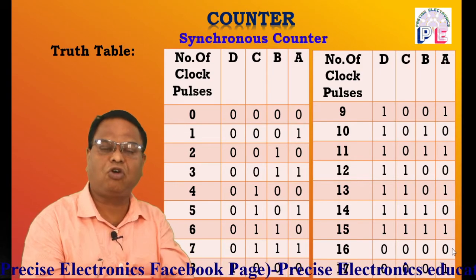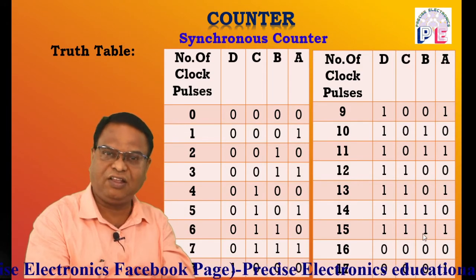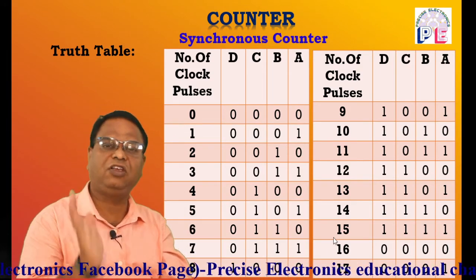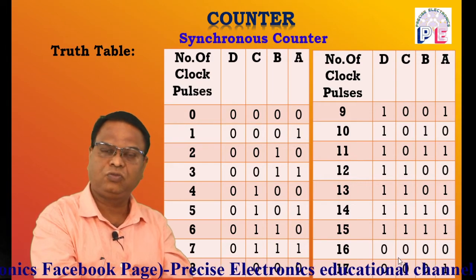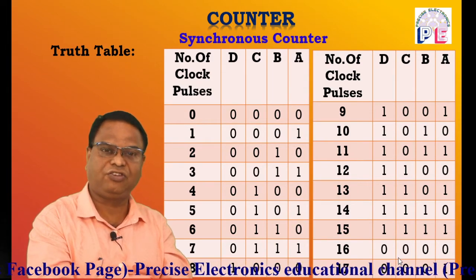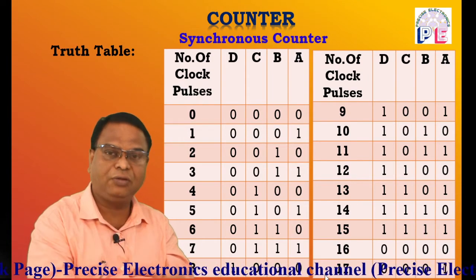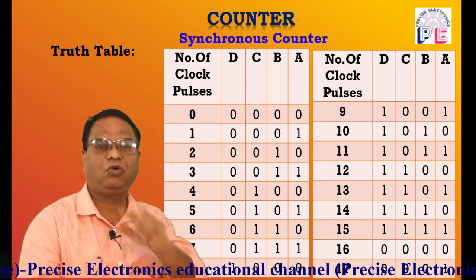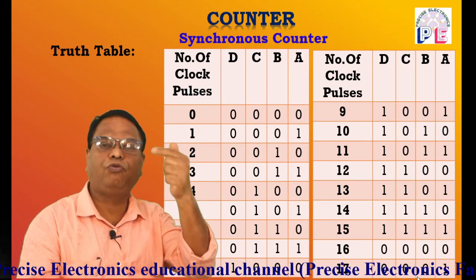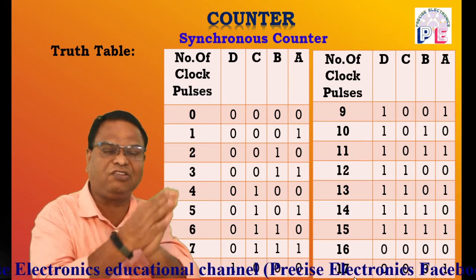So at the 16th clock pulse, all flip-flops get reset. So the output of the counter is 0, 0, 0, 0. That is our initial stage. And when the next pulse appears, that is pulse number 17, the output of the counter is now 0, 0, 0, 1. It starts counting from its initial stage.